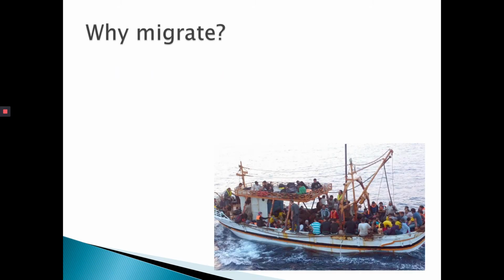So when we think about migration, there are lots of reasons why people will migrate from one area to another area. It may be there's persecution, as we saw in that previous video. It may be that you're looking for a better job or better weather, better climate.